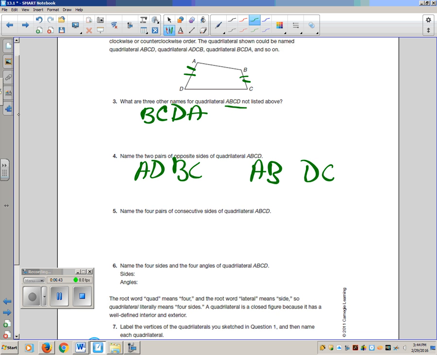Consecutive sides. I'm on number 5. AB is consecutive to BC. BC is consecutive, next to CD. That's good. We don't need to do 4. Keep moving.